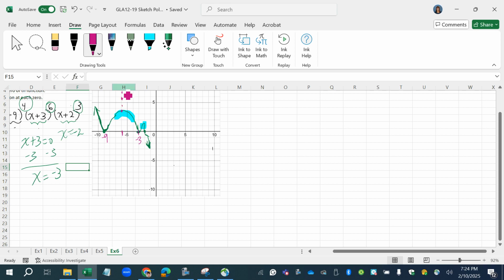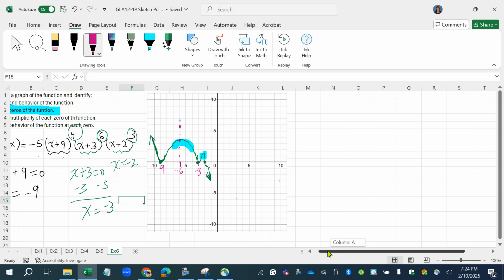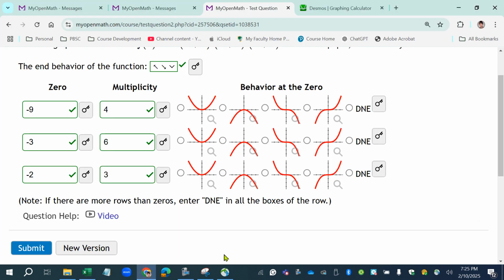How high should I go when x is equal to -6? And to answer that question, all I would have to do is take my function that I originally started with and replace each of the x's with a -6, and then simplify until I had a y value that would tell me how high to go, right? But we weren't asked to do all of that here.